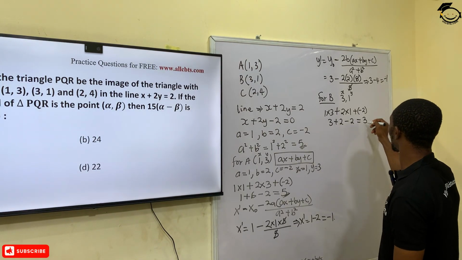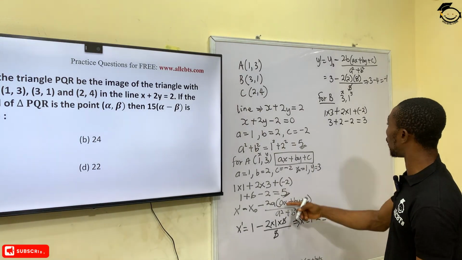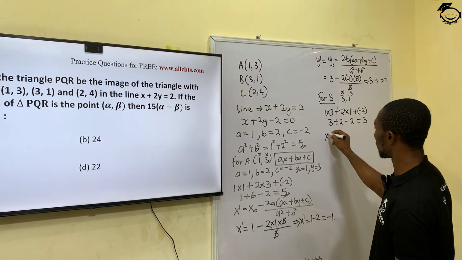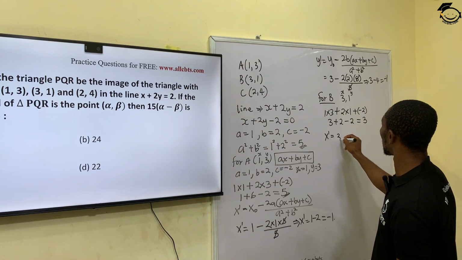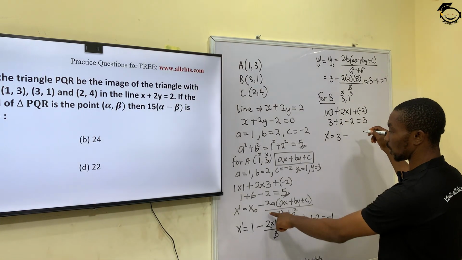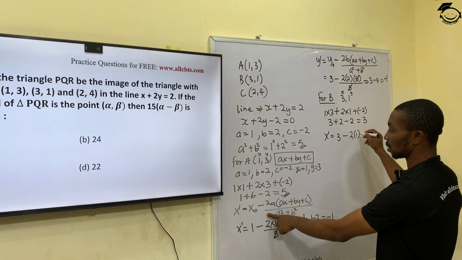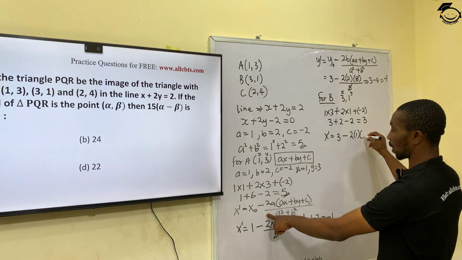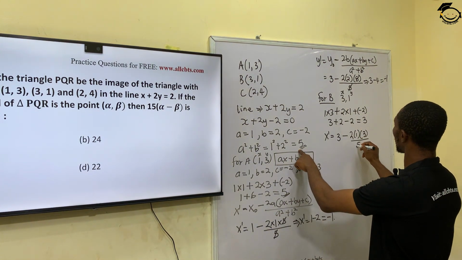Okay, now coming back to our x bar, we are having it as 3 minus, using this formula, 3 minus 2 bracket 1 bracket 3 all over 5.